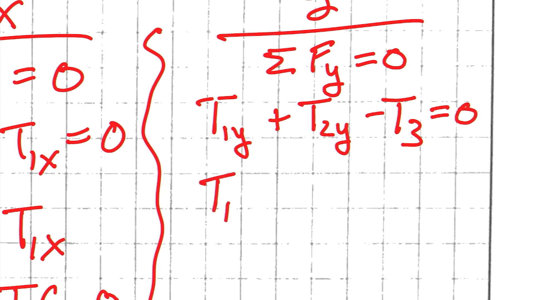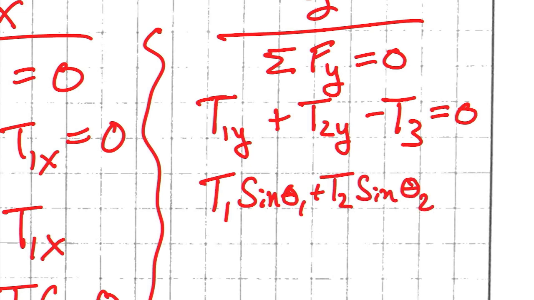This means in the y direction, we're going to use sine of theta. So T1 sine theta 1 plus T2 sine theta 2 equals T3. We'll just move T3 over to the right.